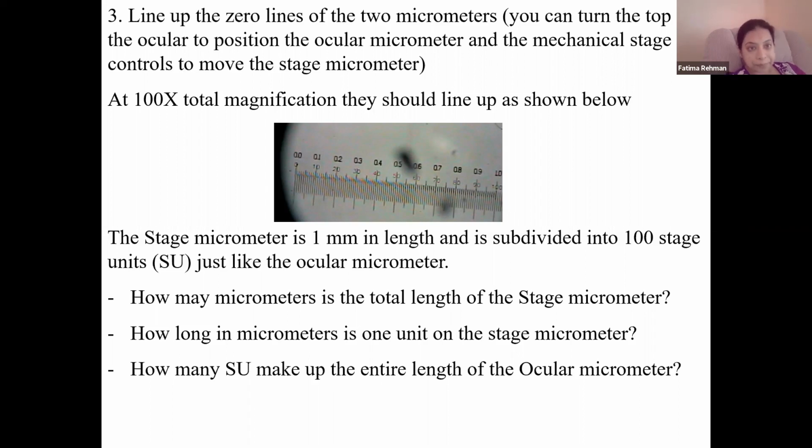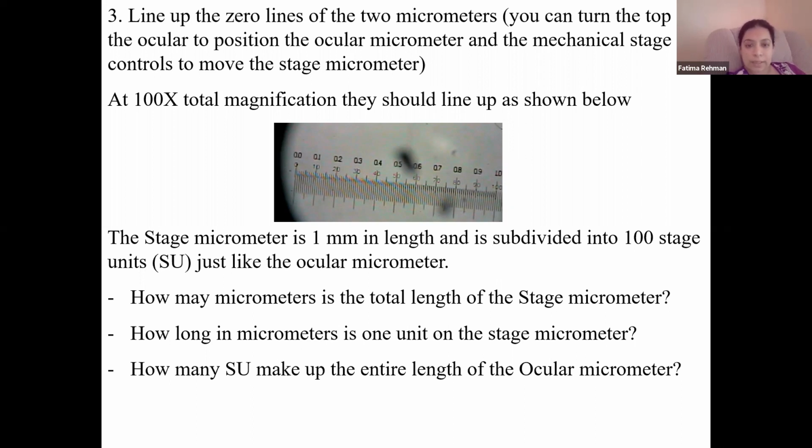So when I do that, I can look at them and I can see how they fit against each other. So at 100x total magnification, so this is looking at a 10x objective lens, we look at which one is bigger or smaller than the other. In this case, it just so happens that they both line up exactly on top of each other. So the 100 ocular units are right where the 100 stage units are. So what we do is we write that down.